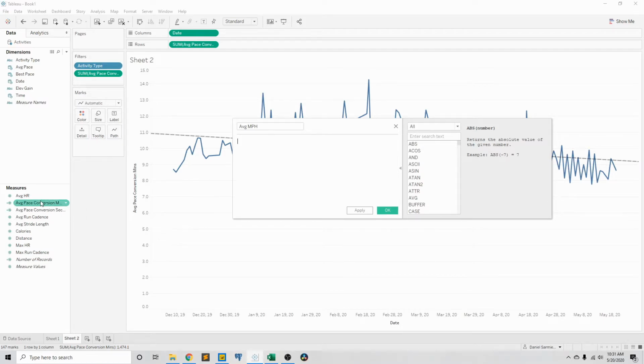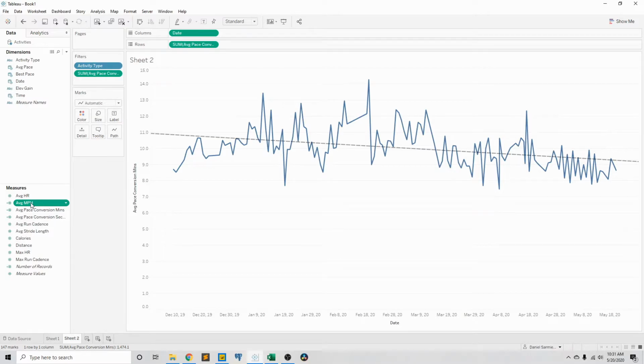If it takes me 8.7 minutes to go a mile, then to get miles per hour, there's 60 minutes in an hour divided by the average conversion minutes. So how many miles can I go in 60 minutes, which is an hour?